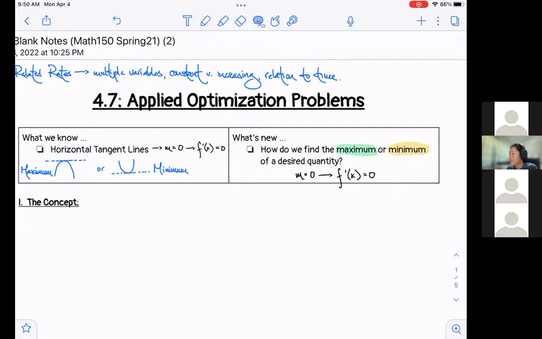So this strategy that we've been working on for a good chunk of the semester, where we take that derivative, set the derivative equal to 0 and solve for x, is actually going to be the same strategy we use when we're looking at something called applied optimization problems, okay?